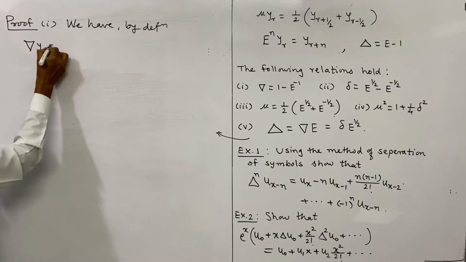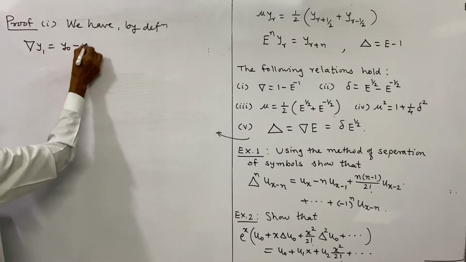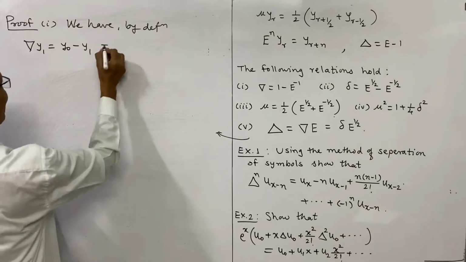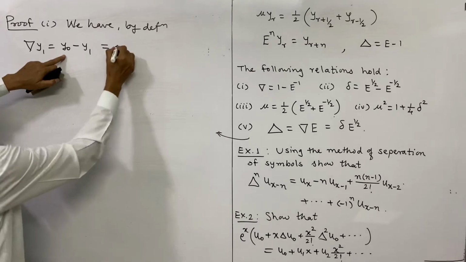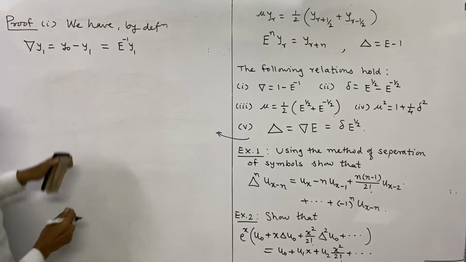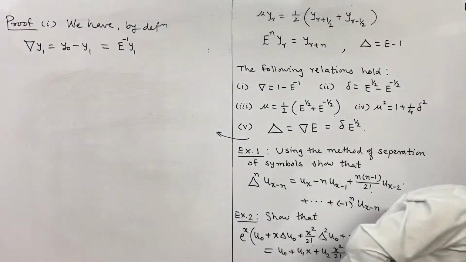Del y1 is equal to y naught minus y1, and this we can write in terms of y1. Y naught can be written as E to the power minus 1 of y1.